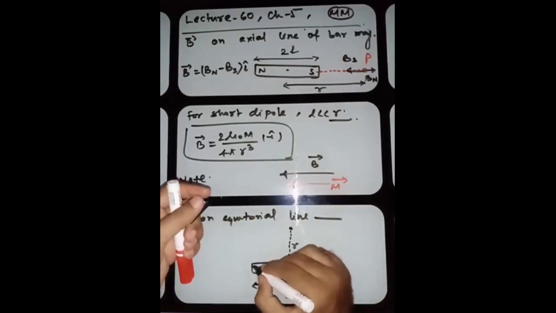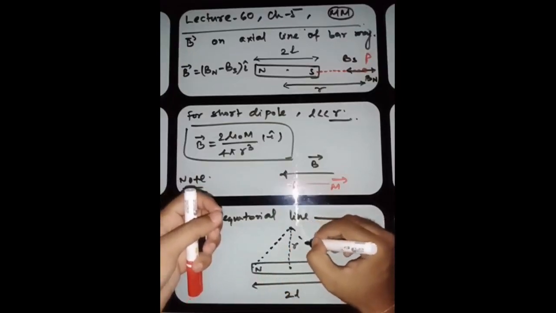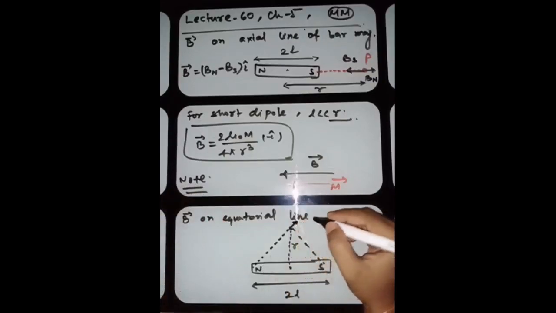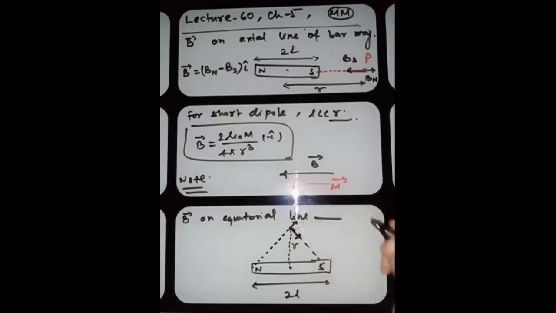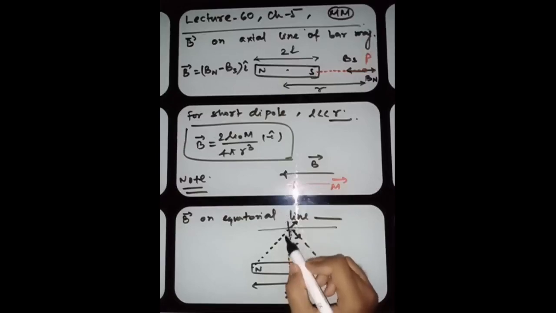We know that due to this pole there will be a magnetic field at this point, and due to this pole also there will be a magnetic field at this point. Due to the north pole we will have the magnetic field in this direction, and due to the south pole the magnetic field will be in this direction. When you draw the proper axis, you will find each magnetic field has two components, one along the axis and one down, and the components along one axis will cancel out.